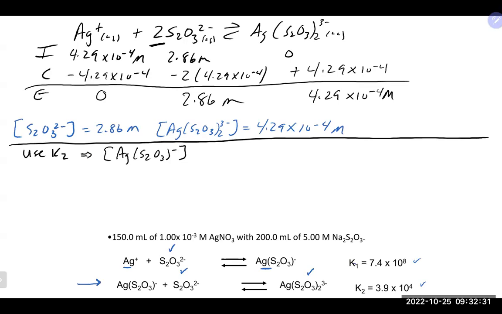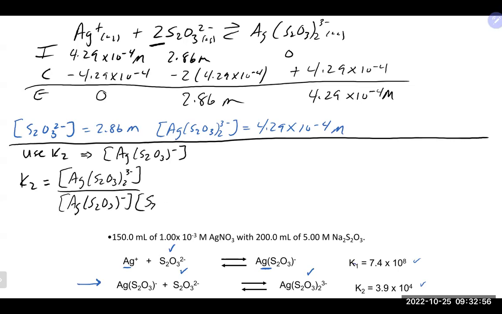Because that second one is in equilibrium, you could write an equilibrium expression for it. So the equilibrium expression for K2 is the concentration of our complex ion divided by the concentration of the intermediate, which is what we're looking for in this case, times the concentration of our ligand. And that equals 3.9 times 10 to the 4.